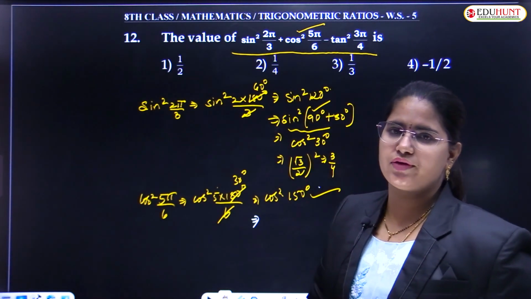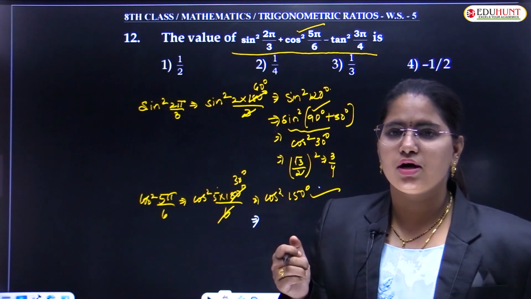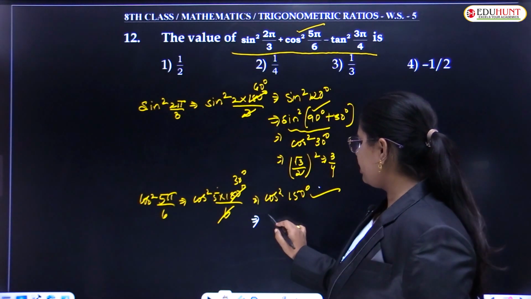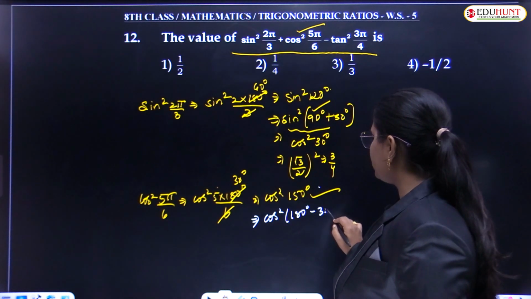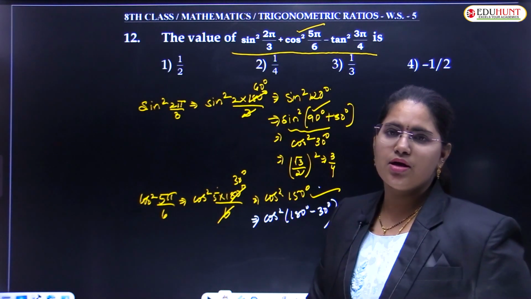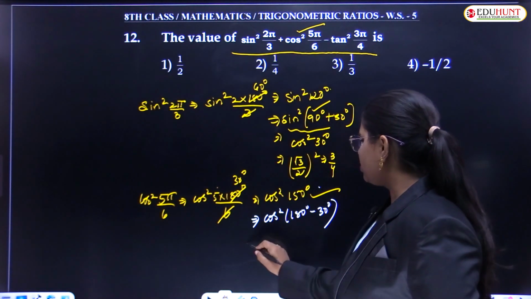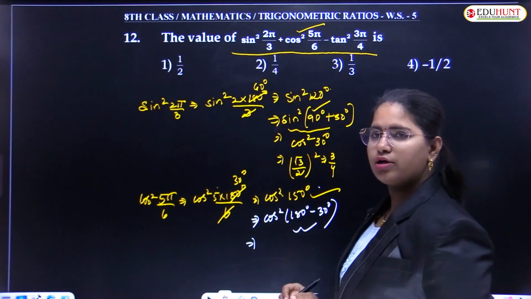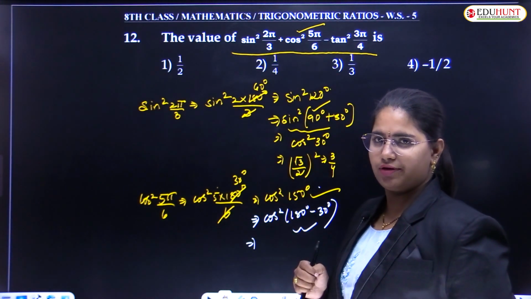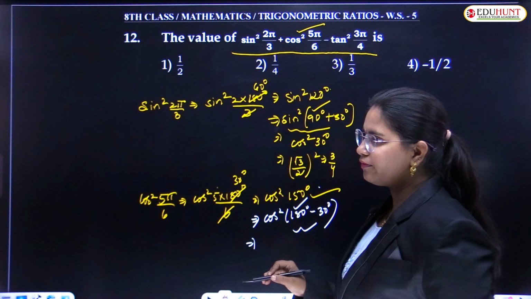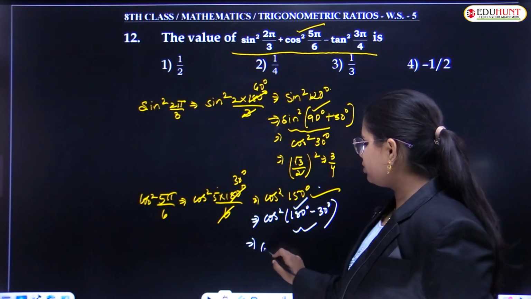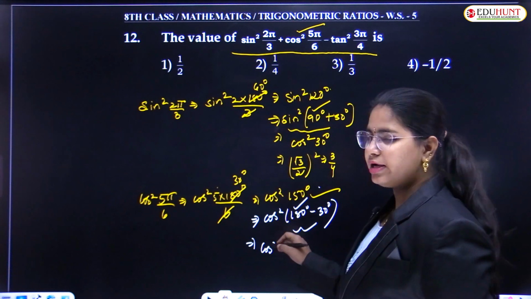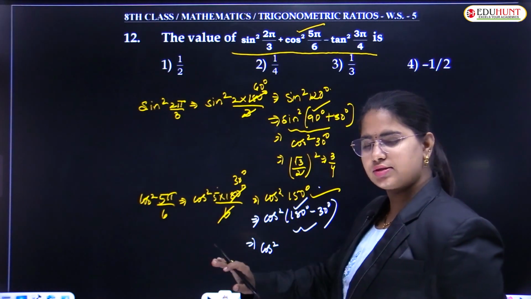I can express 150 as 180 minus 30 degrees. So cos square of 180 degrees minus 30 degrees. 180 minus theta belongs to the second quadrant again. As it is an even multiple of 90, the function does not change. So cos square remains cos square itself.